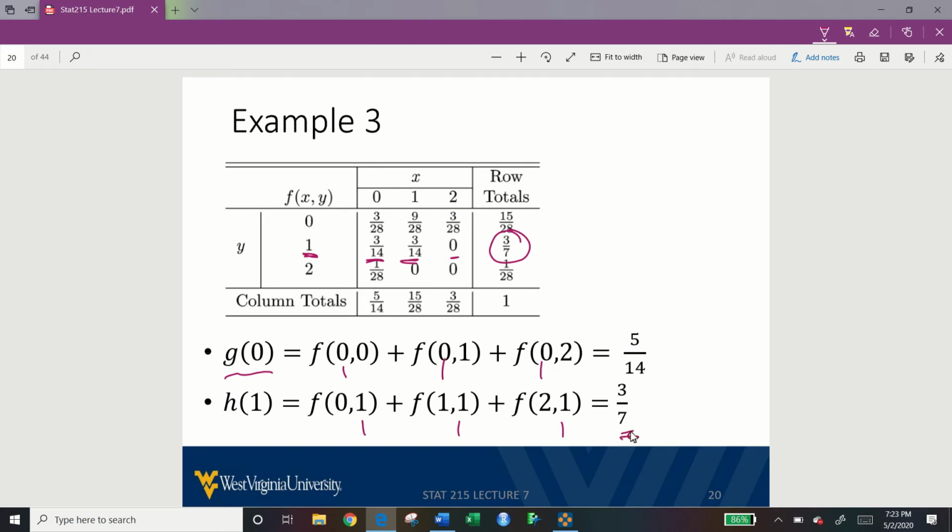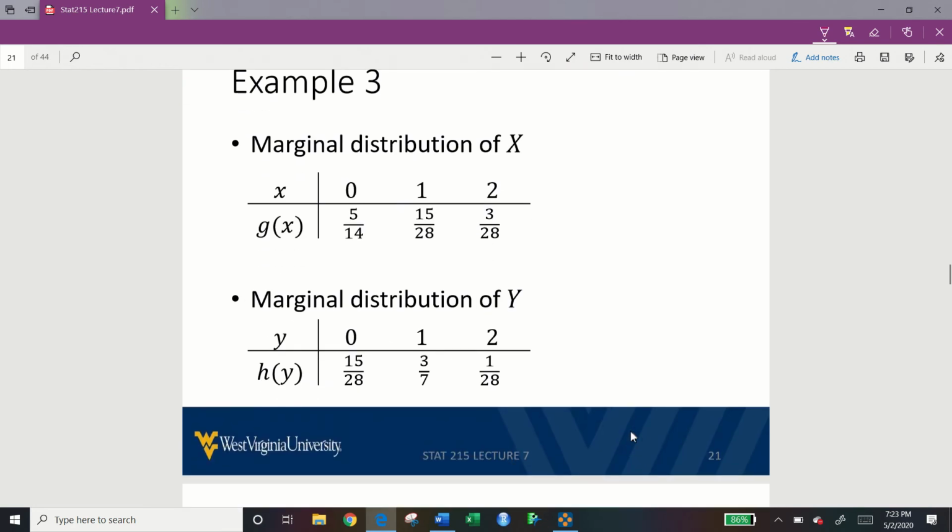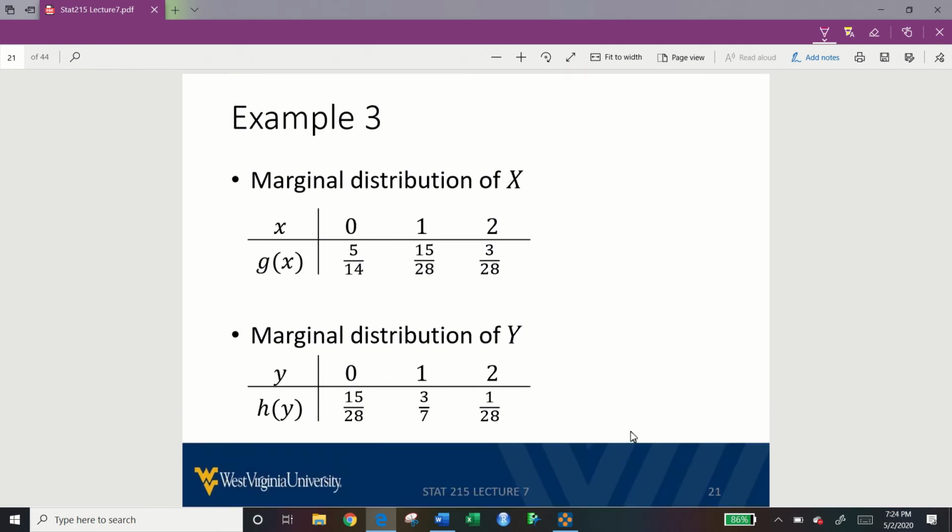It's pretty easy in the discrete case. Let's take a look at it a little bit further. So our marginal distribution of x. One way to write this would be into a chart where we have our values of x and their corresponding marginal distribution probabilities. In other words, 5/14, 5/28, and 3/28.